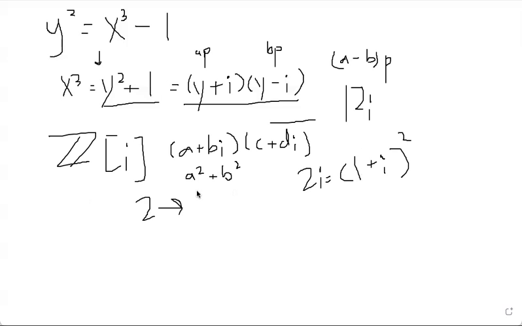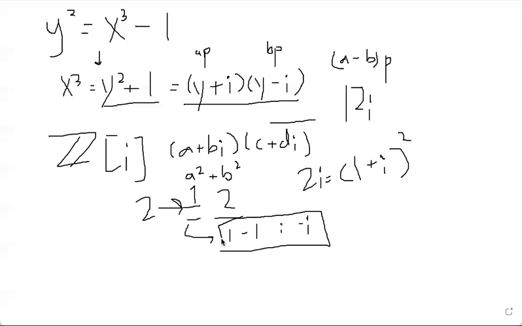That means if it's the product of two things, then each of those norms has to be 1 or 2, because norms have to be integers. But if your norm is 1 in Z[i], you can only be +1, -1, i, or negative i. Now, all these numbers are what we call units. In normal integers, we say you're a prime if your only possible factorization is 1 times yourself.